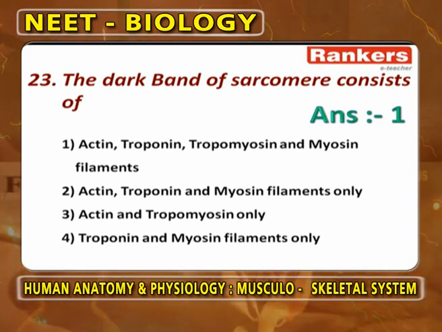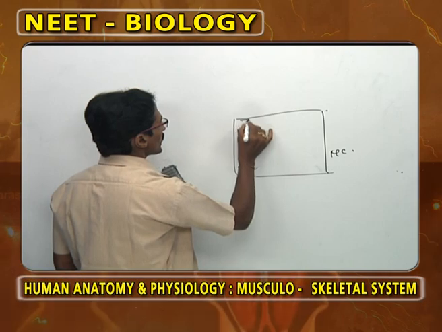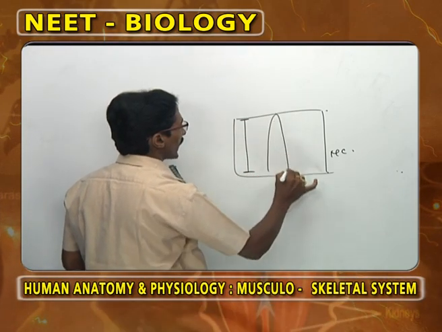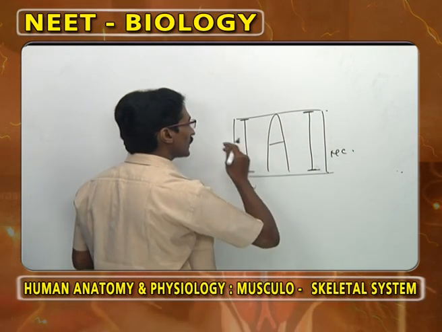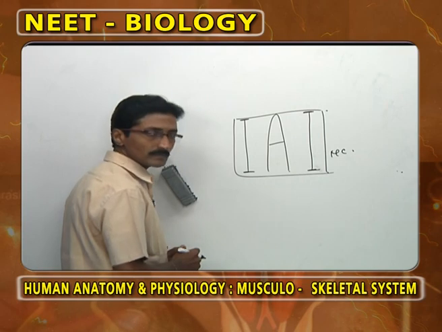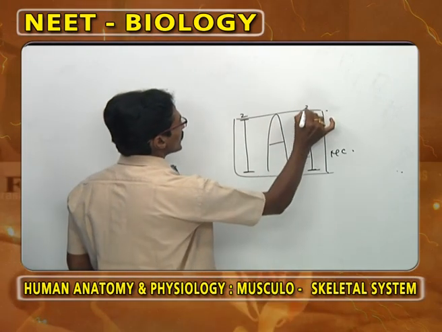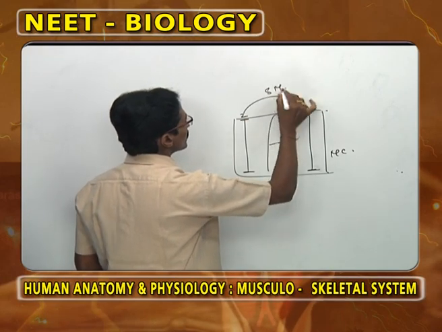Now this is the muscle cell, and this is the I band, and this is A band, and again this is I band. Like that they are arranged. And in the center of I, what is present, students? Z. Now between the two Z lines, what is present?